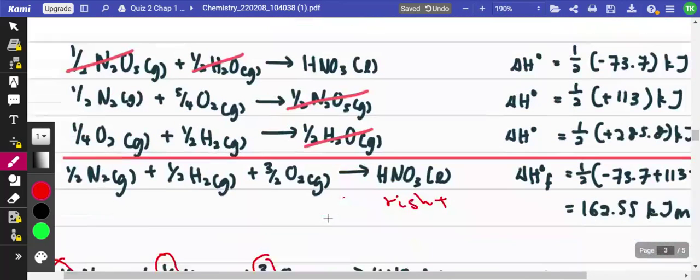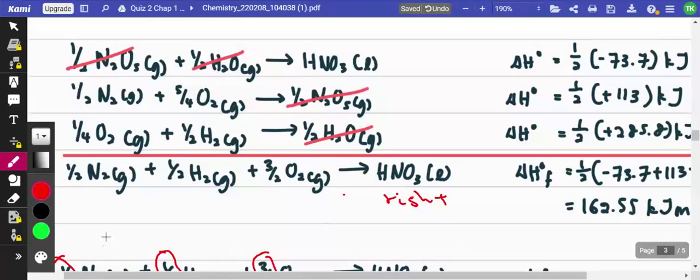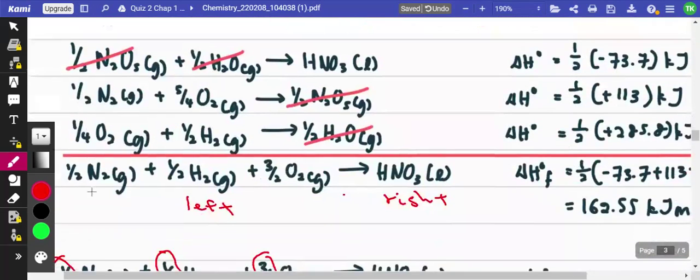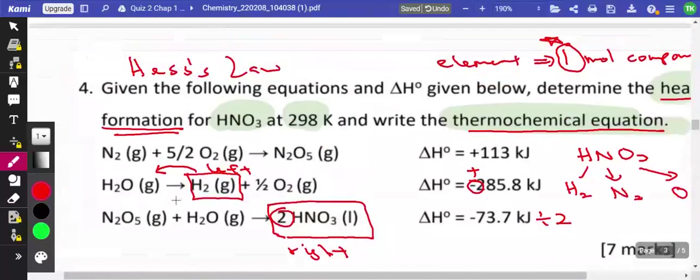Next one, the other elements are all on the left. Hydrogen is not on the left, so I have to reverse it. If I reverse, then the sign must change to positive. And then hydrogen is half, so here I need to multiply by half.